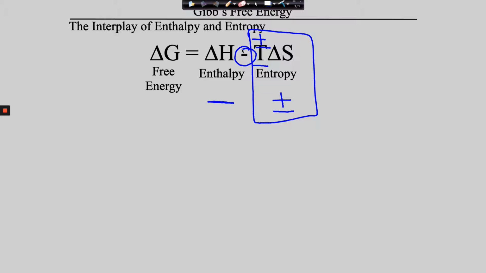Do you see how this works? So if delta H is negative and delta S is positive, the only values that this expression can produce are negative delta G values. Does that make sense? You're good on that? So that will always be negative and therefore it will always be spontaneous. Now, what about this?